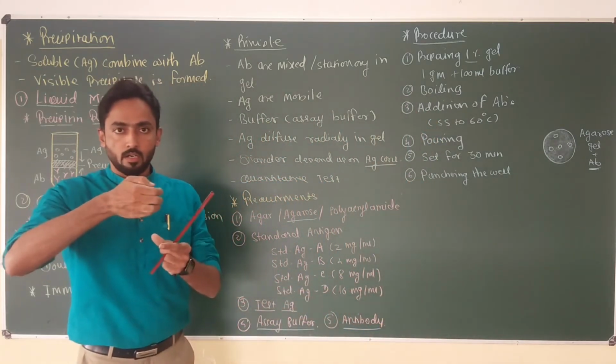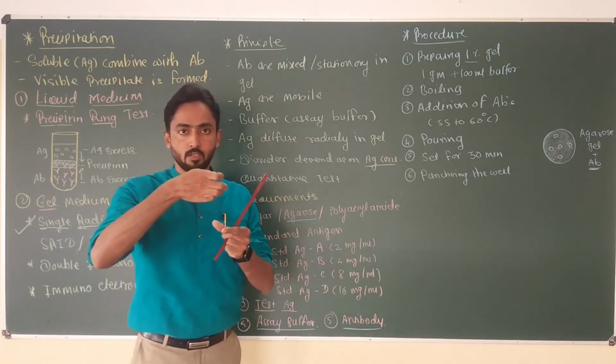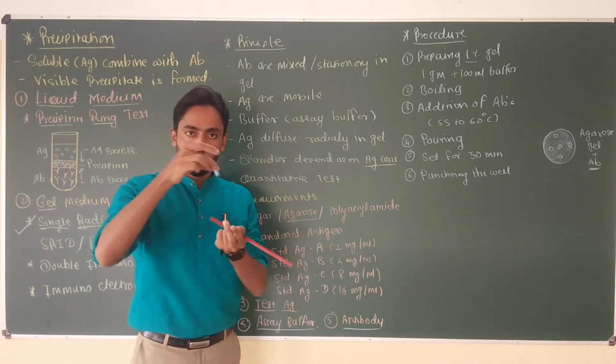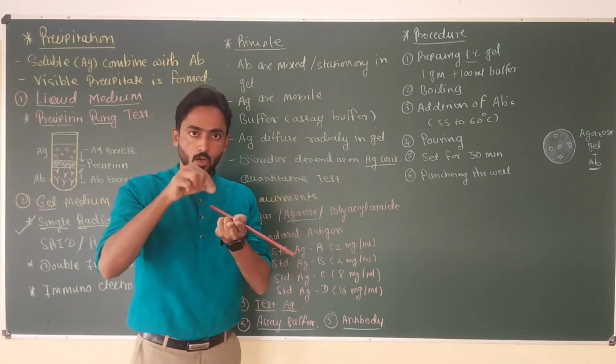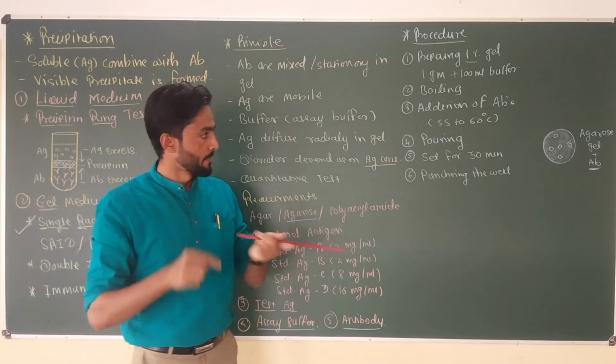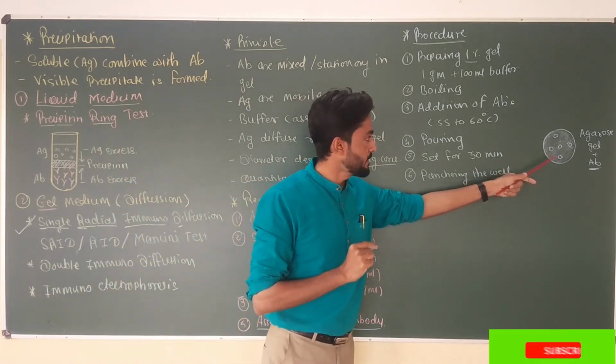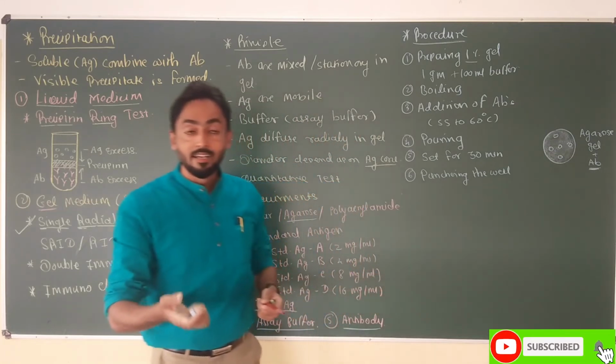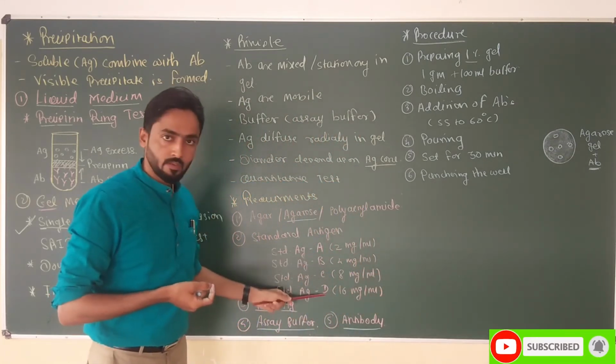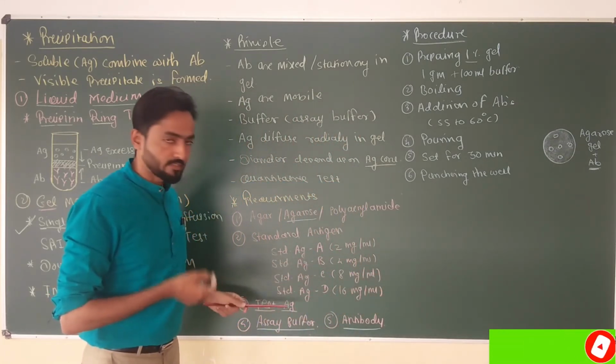Just use a small amount of suction pressure to remove the gel from the specific point so that a hole or well will be produced in the agarose gel. In this well I am going to add my antigen, both standard as well as test antigen.